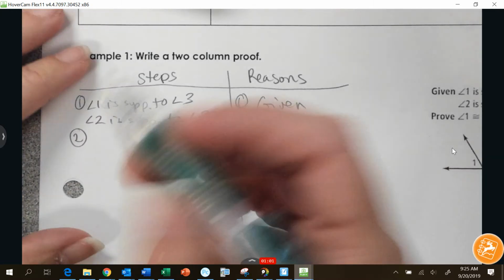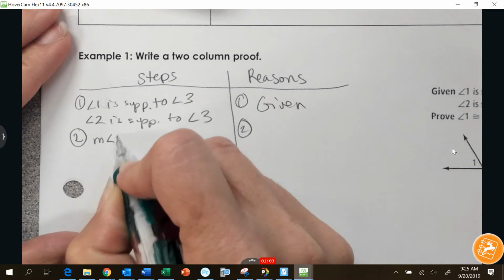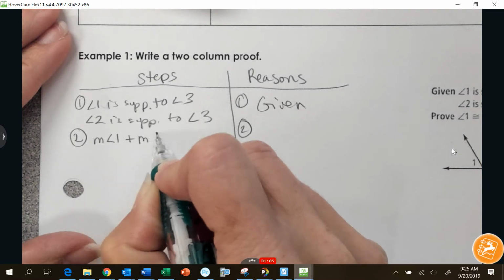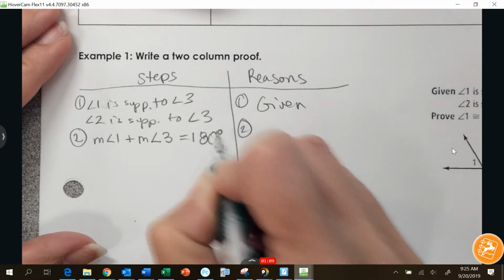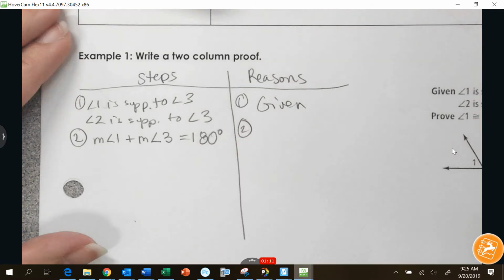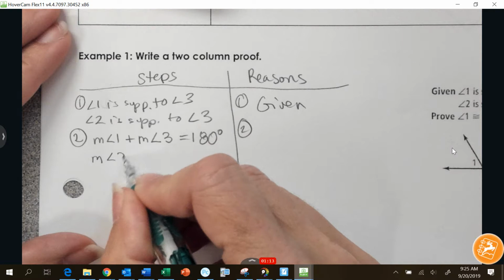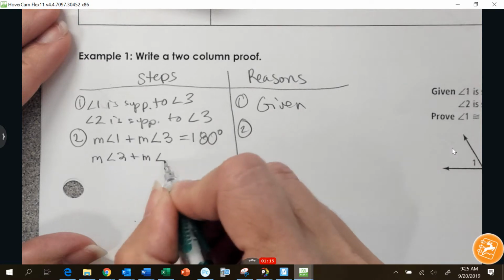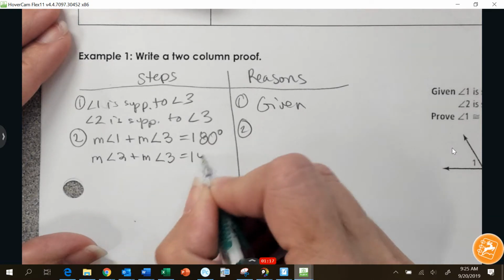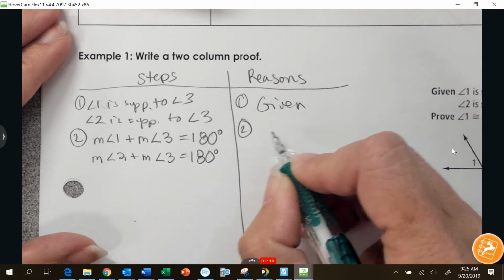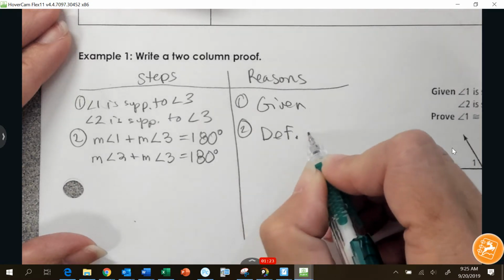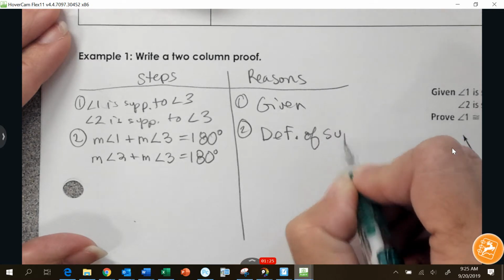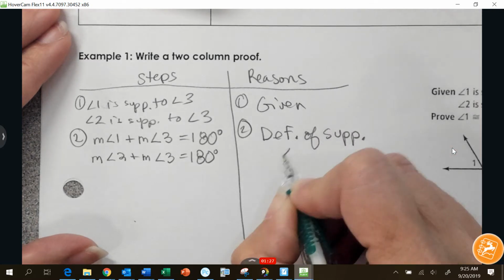So we write that as measure of angle 1 plus measure of angle 3 equals 180 degrees. And we can say that measure of angle 2 plus measure of angle 3 equals 180 degrees. And our reason? Definition of supplementary angles.